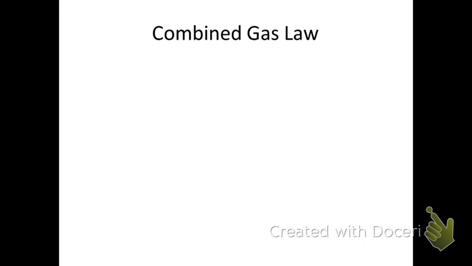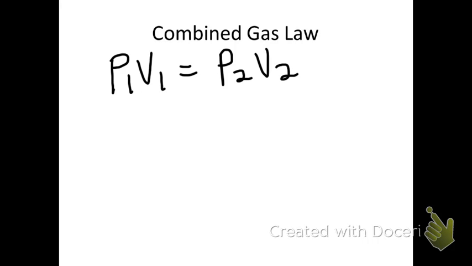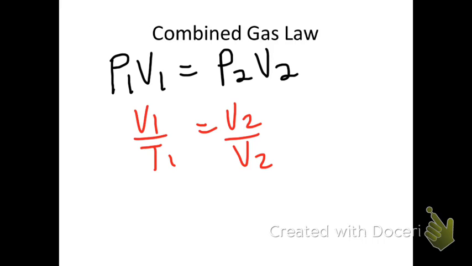The next gas law is the combined gas law. It's called the combined gas law because we're really looking at Boyle's law and Charles' law together. So there's Boyle's law, and here's Charles' law. The combined gas law is a combination of these two.